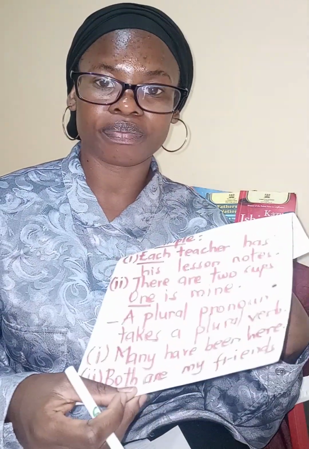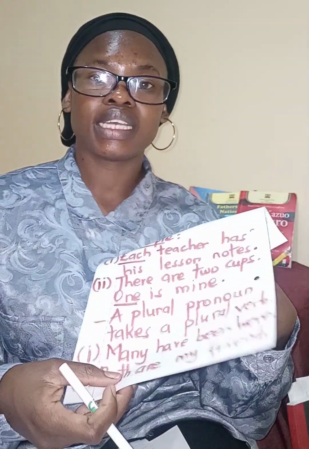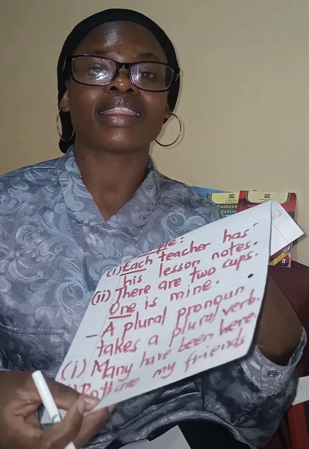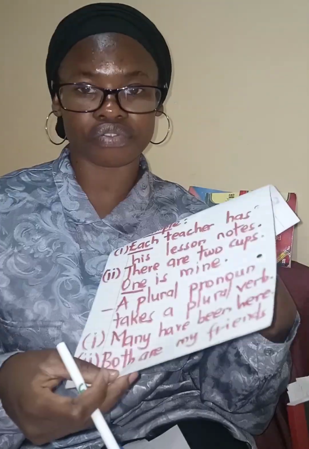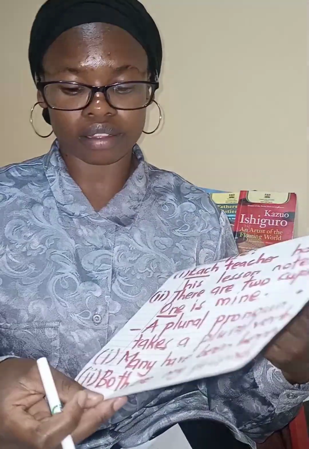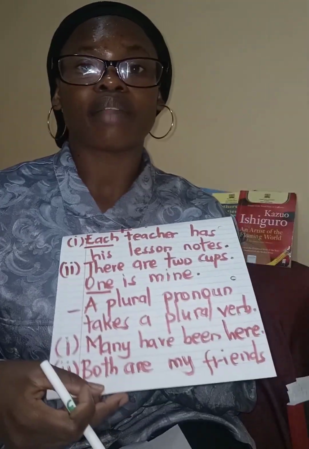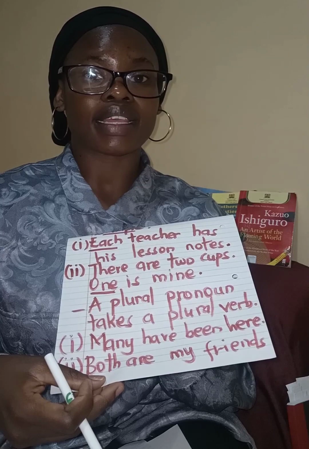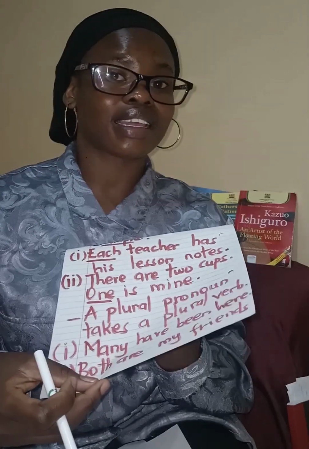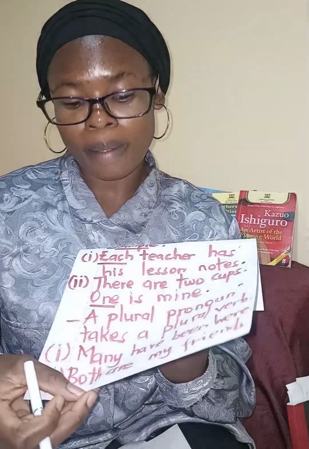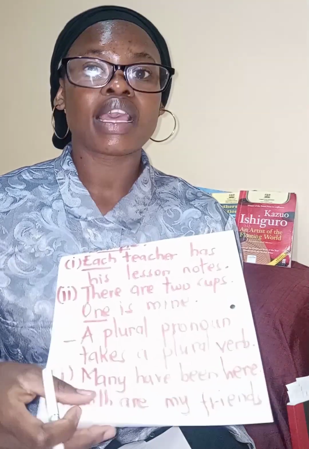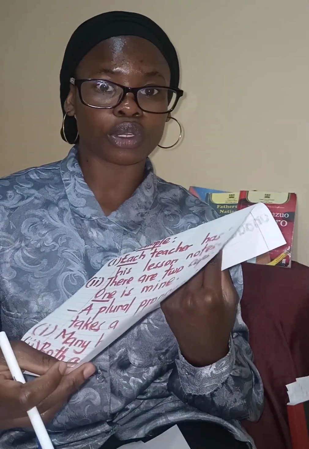For example, many have been here. Many, the pronoun, has taken the plural verb have. Both are my friends. Both is a plural pronoun. It has taken the plural verb are. As you write that down, make sure to underline the plural pronoun and the plural verb.